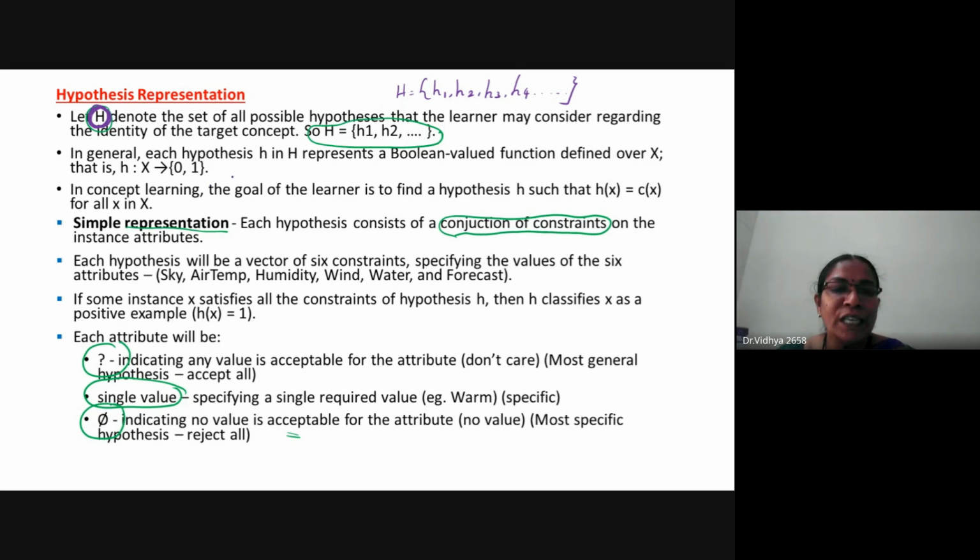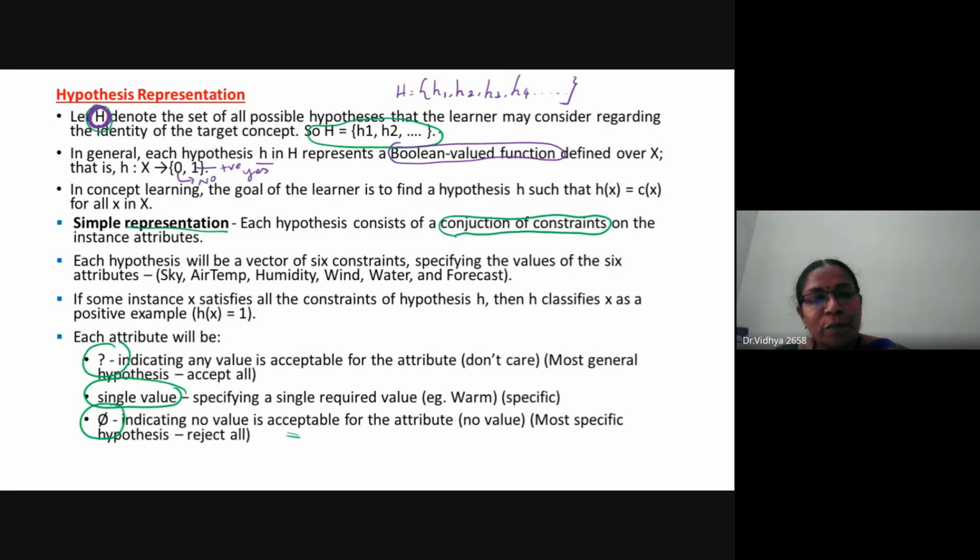Each hypothesis h in capital H represents a Boolean valued function. Obviously, you have a Boolean valued function because we have only zeros and ones. 0 indicates the negative result and 1 indicates the positive result. Yes is denoted by 1 and no is denoted by 0.